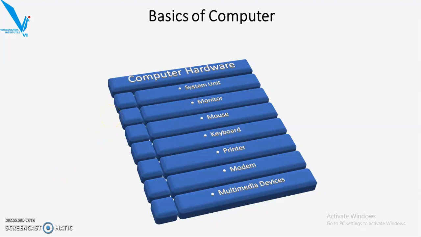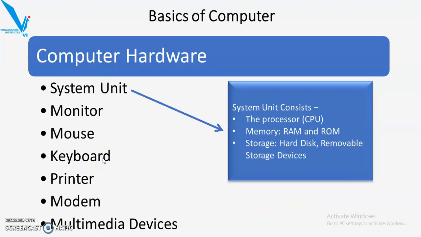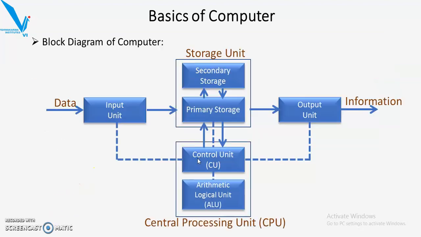Here it is nothing but the physical part of the computer itself. If we see, the system units is consist of central processing unit, memory, that is RAM and ROM, storage, motherboard, sound card, graphic card, SMPS, that is switching mode power supply, and so on.